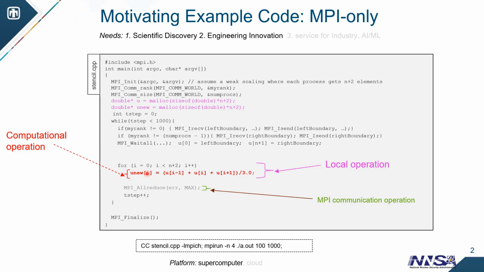This local operation is surrounded by a time-stepping loop, and this is often called an outer iteration. Now, for parallel computation across distributed memory machines, this local operation is preceded and succeeded by process-level communication, most often in the form of MPI.